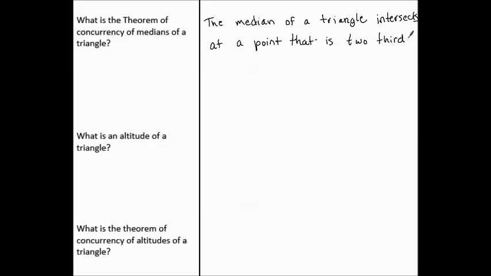This states that the medians of a triangle intersect at a point that is 2/3 the distance from each vertex to the midpoint of the opposite side.